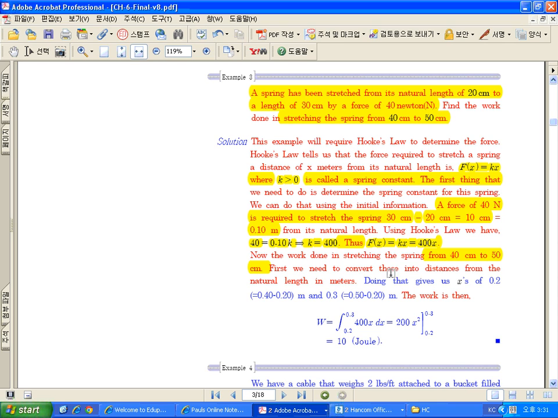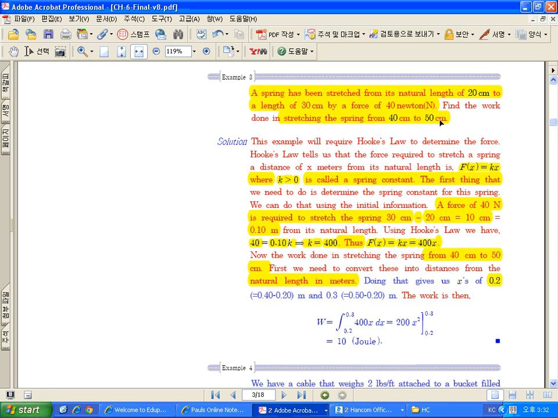First we need to convert these into distances from the natural length in meters. Starting from 40, the difference from the original length was 20 centimeters, which is 0.2 meter.